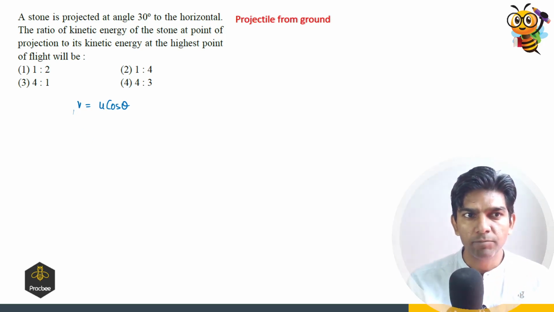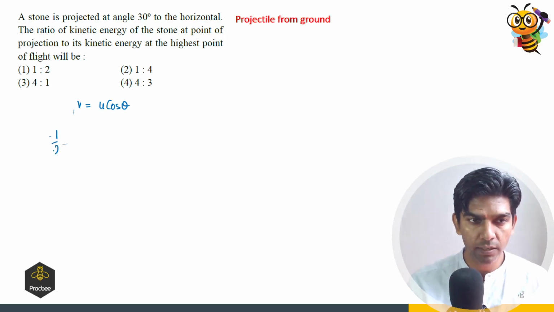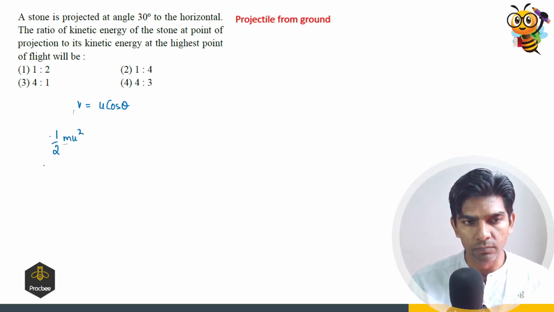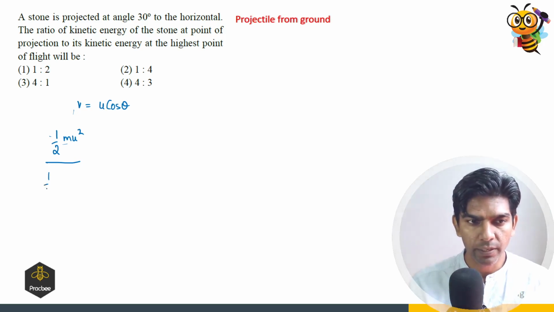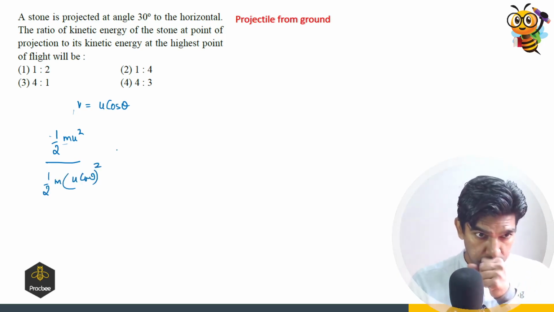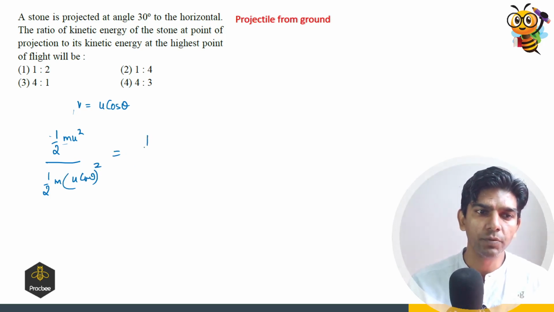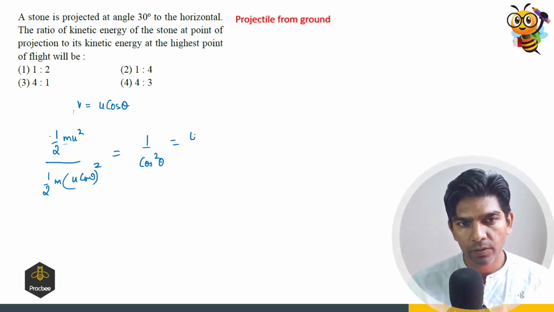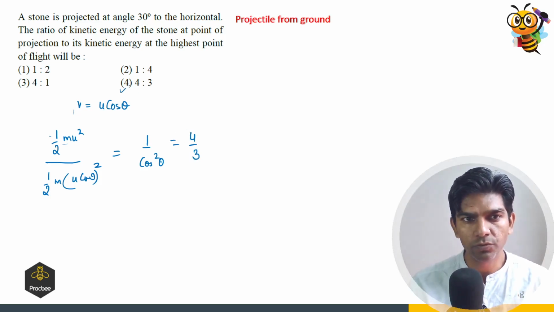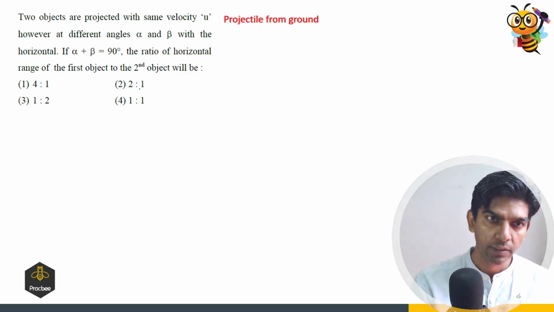So we have to find the ratio of kinetic energy at the point of projection, which is half m u square, to the kinetic energy at the highest position, which will be half m (u cos theta) square. So this comes out to be 1 upon cos square theta, and cos 30 is root 3 by 2, so that will be 4 by 3. So option 4 is the right answer.